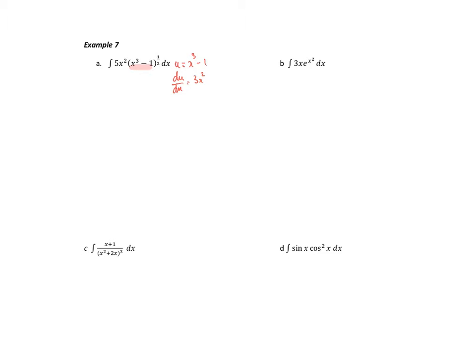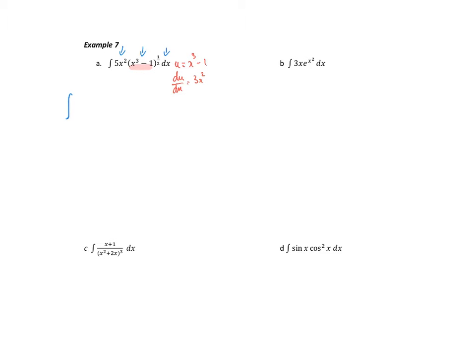Now, what we want to do is take this function over here and try to express it in terms of u. We should be able to make it a simpler function in terms of u. So I've got to be able to replace 5x squared, x cubed minus 1, and dx to be all expressions in terms of u.